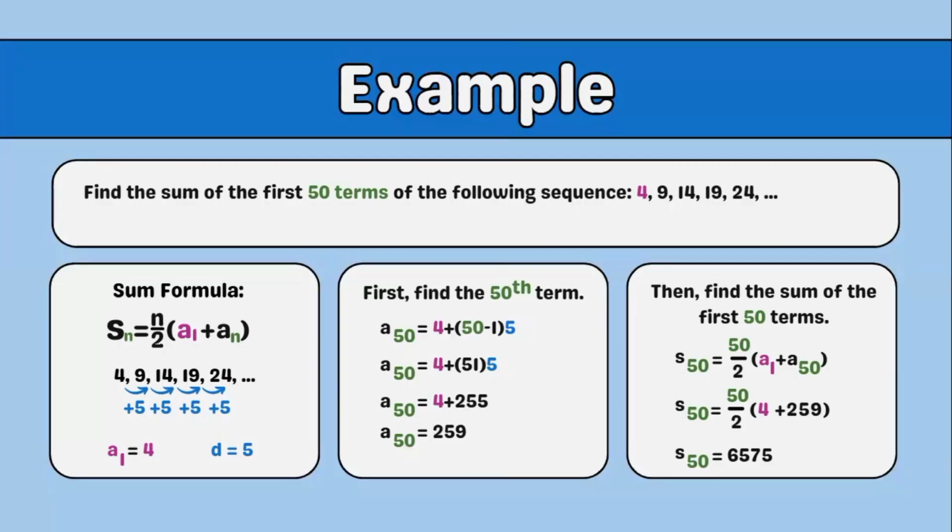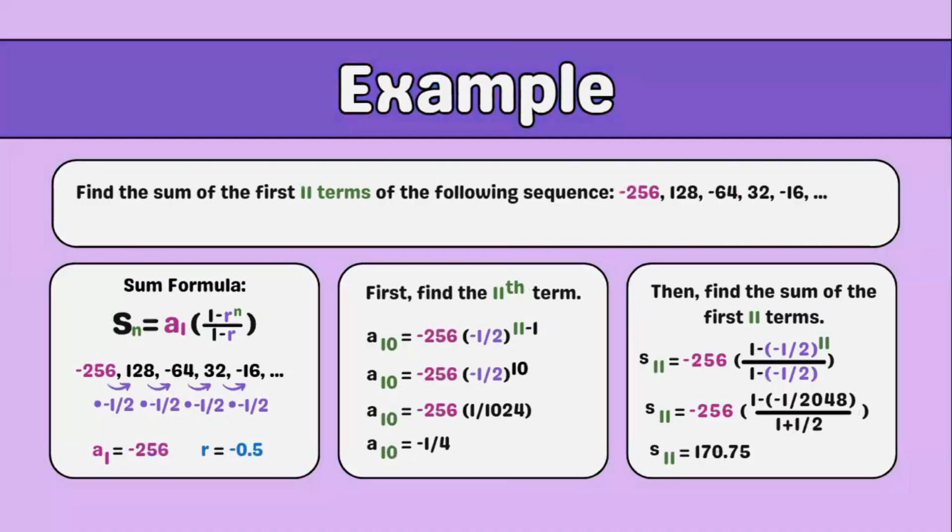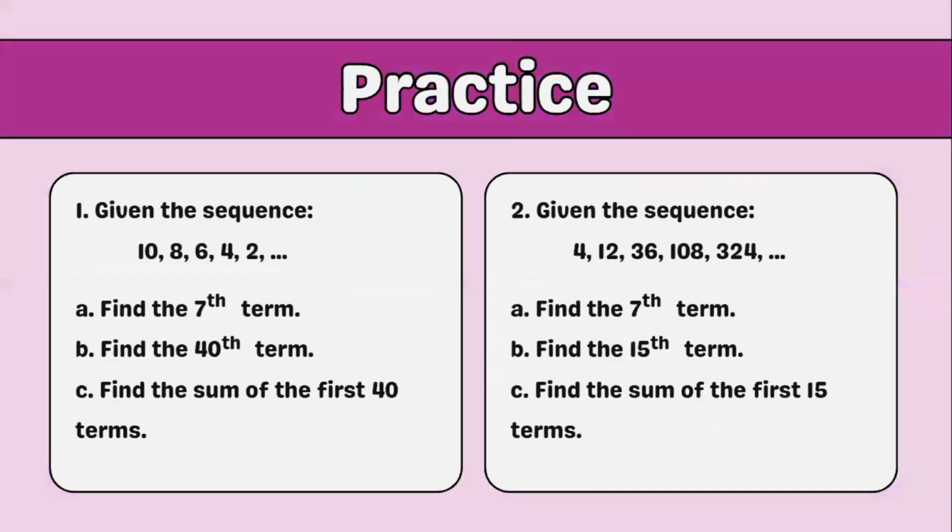Then we find the sum of the first 40 terms, which is 4,060.